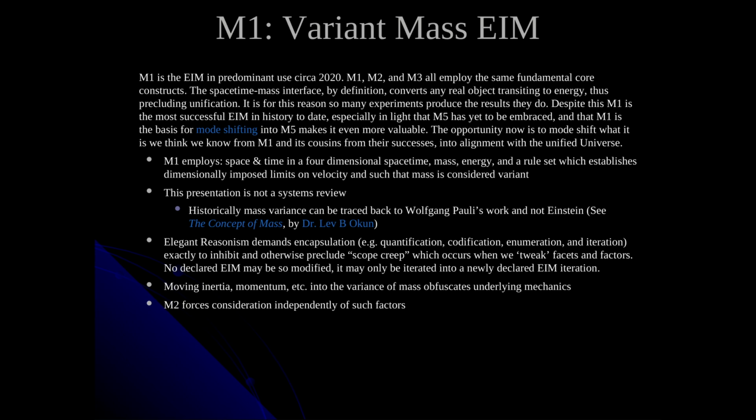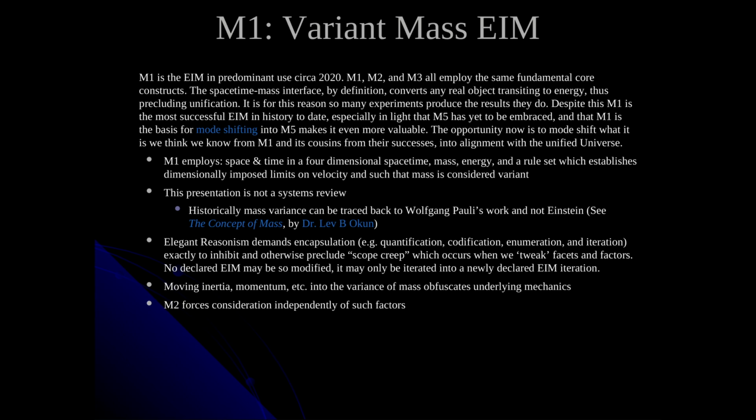And again, everything needs to be quantified, codified, in enumeration and in an iteration, exactly to inhibit what we would otherwise call scope creep, which occurs when we tweak different factors and facets. We need to not do that exactly because models, or these core constructs within these models, are highly systemic.